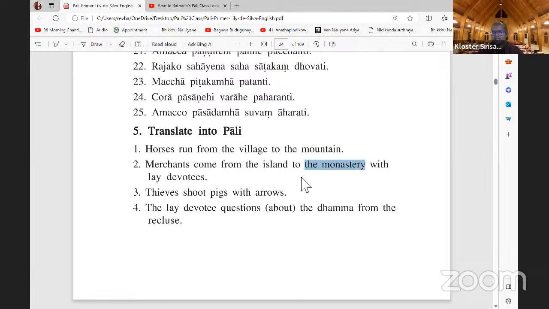So their last destination is the monastery, because they get separation from the island and then go to the monastery. So this comes behind. You know, the verb comes at the end. So before that, the main object always comes before the verb, right?